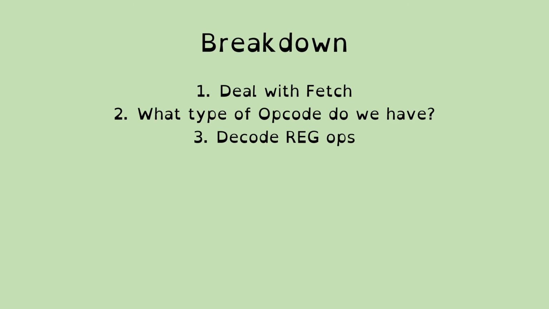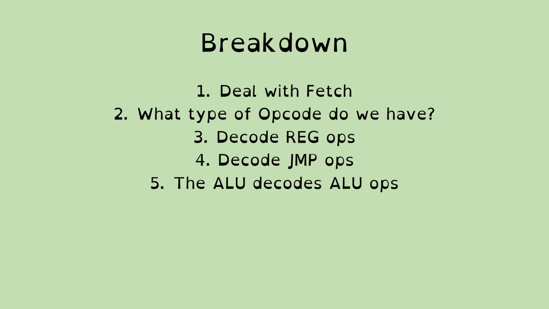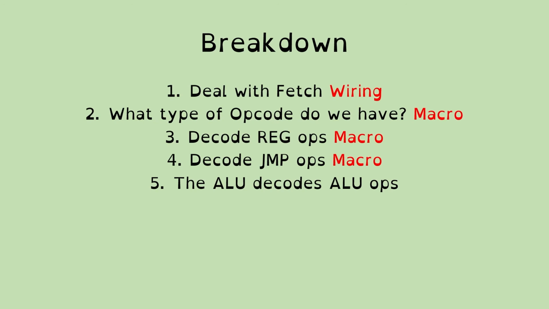If we've got a register command, we need to decode that and turn that into the actual individual commands that we need. Similarly, for the jump commands, we need to decode that. If we've got an ALU operation, then the ALU does the decoding for that. That's already built into the ALU, so we don't need to worry about that bit.